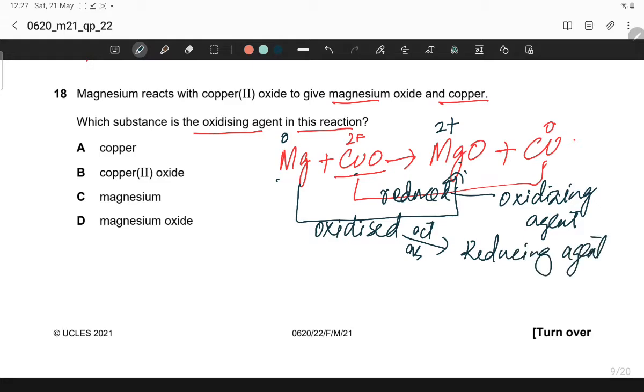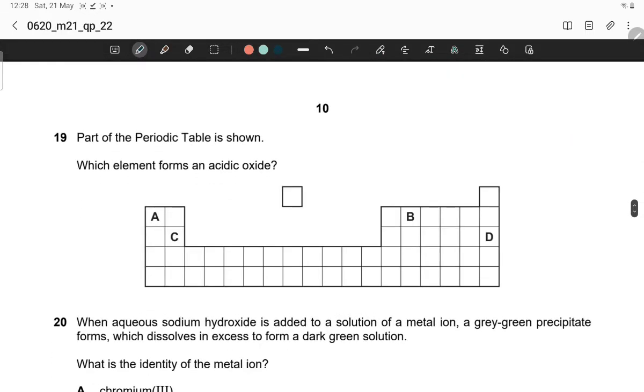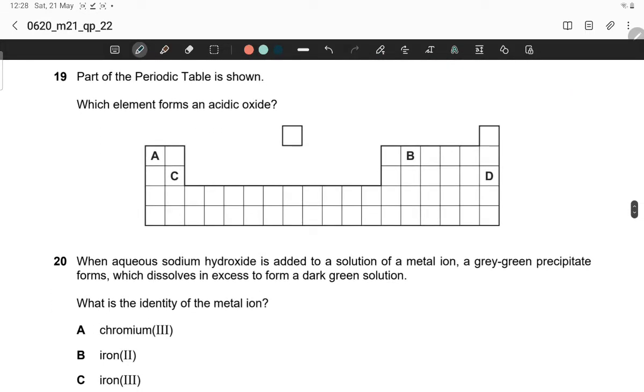So copper 2 oxide is the oxidizing agent, and copper does not, magnesium does not. Magnesium is the reducing agent. Magnesium oxide is not correct. Part of the periodic table is shown.